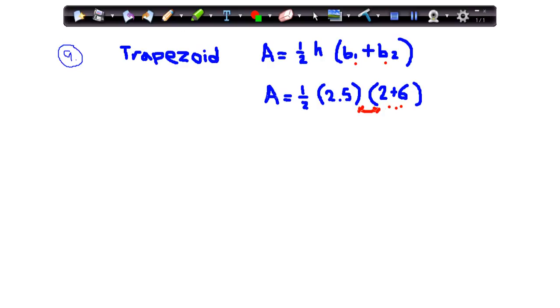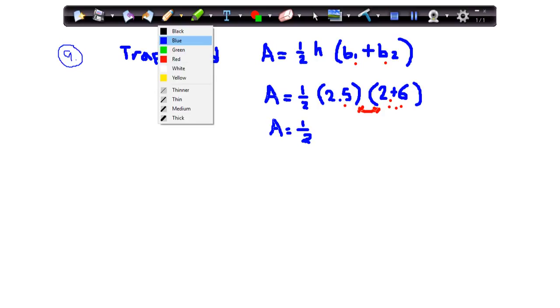So now you should have A equal half, and then we said in here is 8, and then we multiply that times 2.5, and the answer is 20.